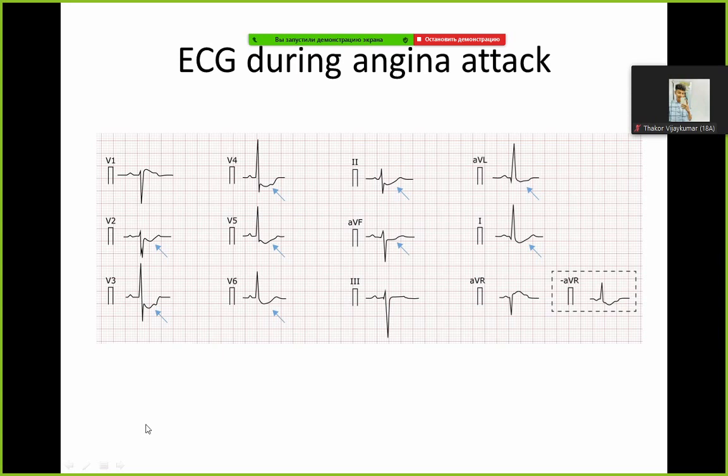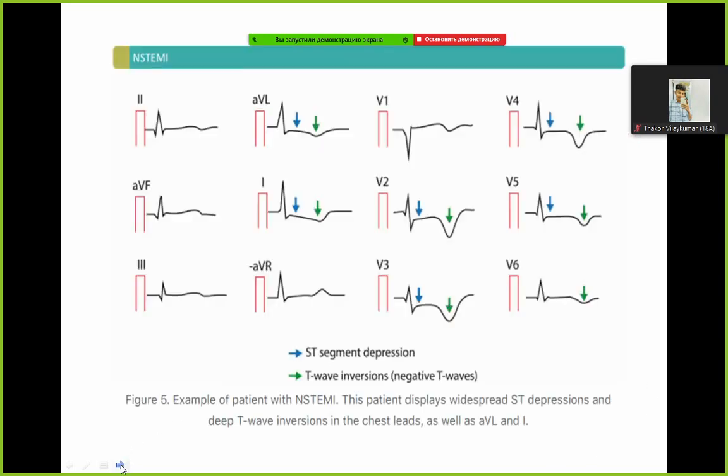ECG during an angina attack. During an angina attack, acute ischemia of cardiomyocytes develops, and that is why these patients may have ST segment depression, like in this example. This is also an example of non-STEMI, non-ST segment elevation myocardial infarction, with ST segment depression and deep negative T waves.